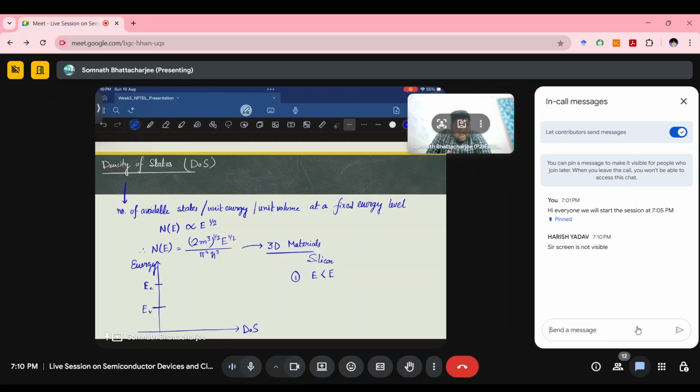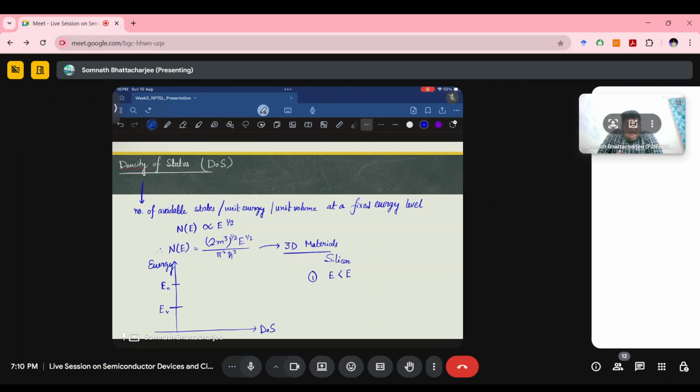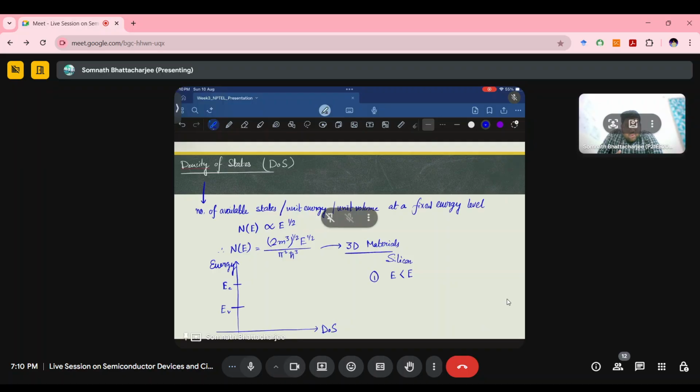um just a second. Just a second, right? Should I remove it and back?